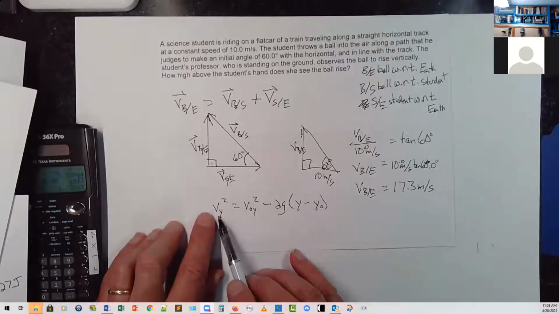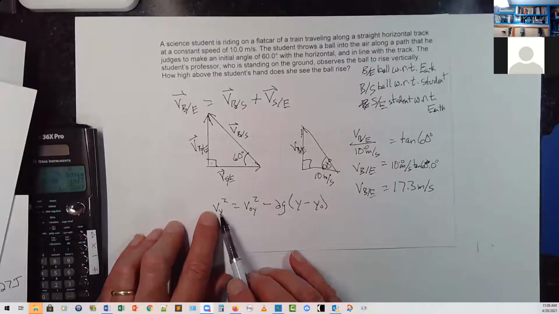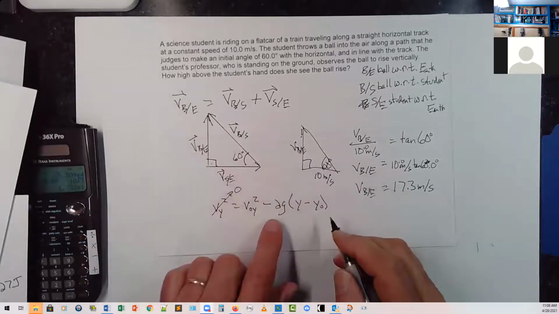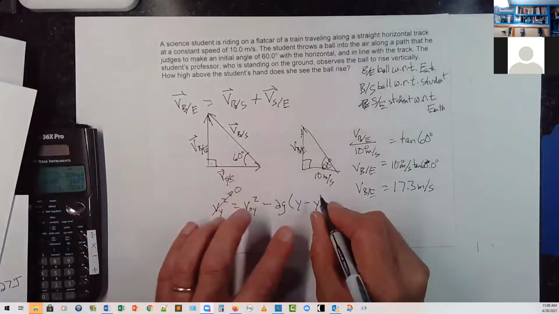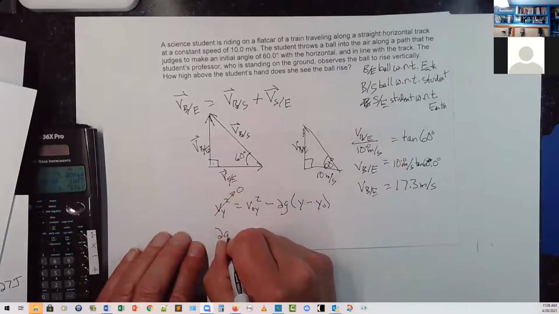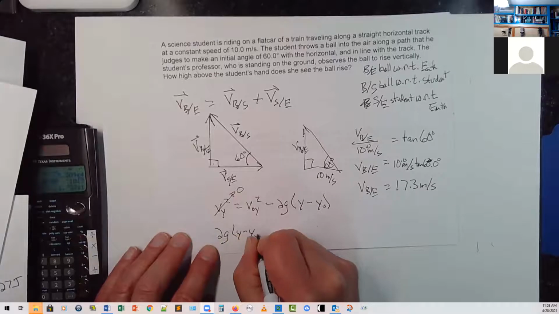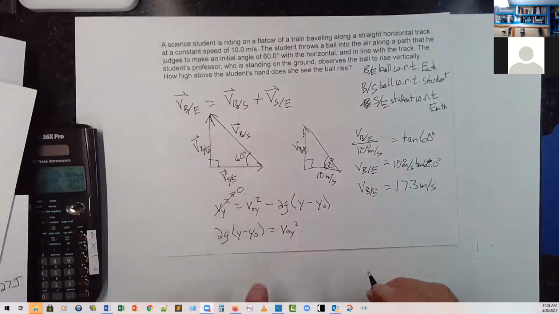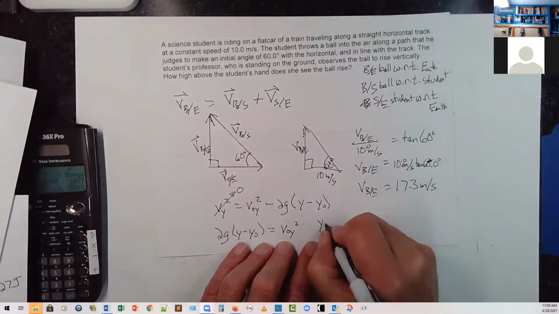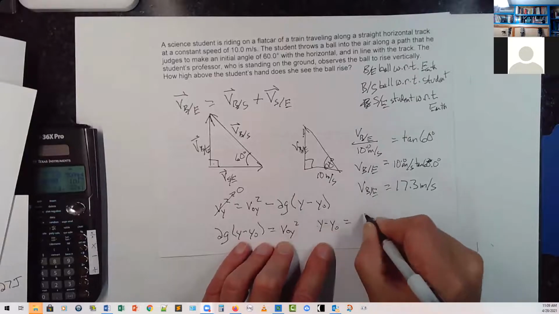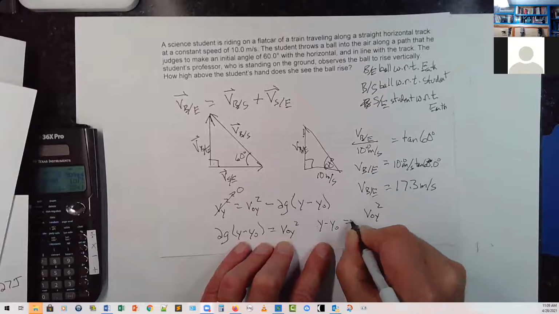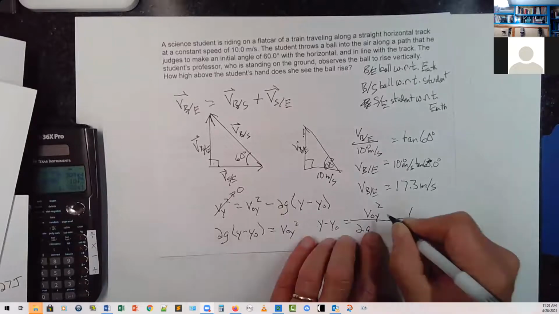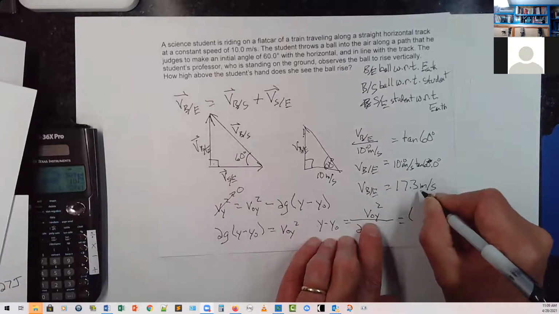And when the ball reaches that point, its v sub y is 0 because it stops up at the top. And so this is 0, which means if I bring this to the left side, I'll have 2g times y minus y naught is going to equal v naught y squared, or y minus y naught will equal v naught y squared over 2g, where v naught y is our vb slash e.